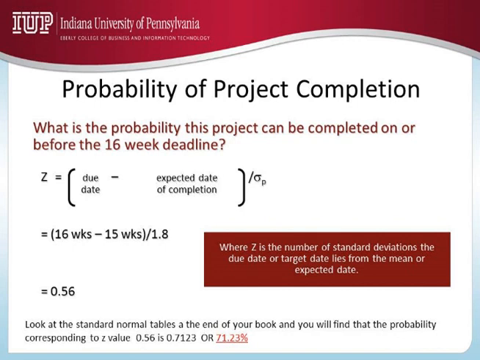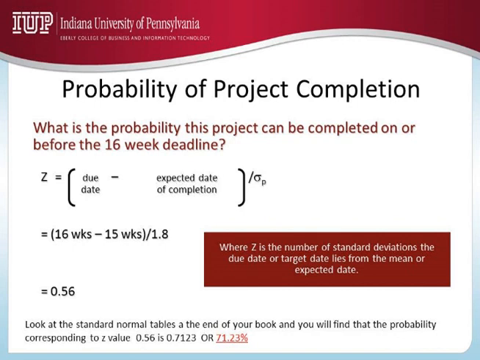In the earlier examples I gave you the deadline of 16 weeks or 17 weeks, and then you found out the probability of completion to be either 71.23 or 86.65%. Now, if you are asked what should be the due date if the projected completion date has a probability of completion of 95%, tell us the answer for that.